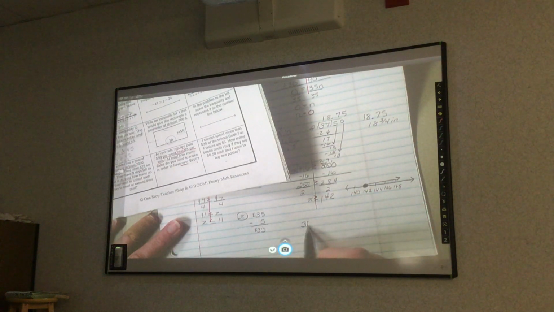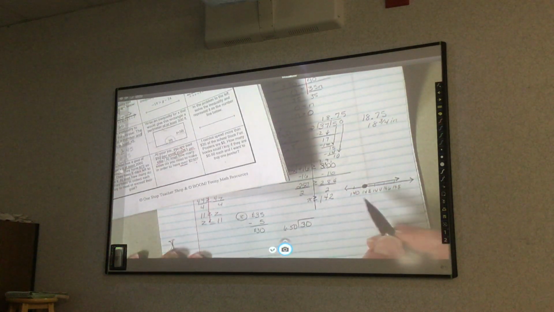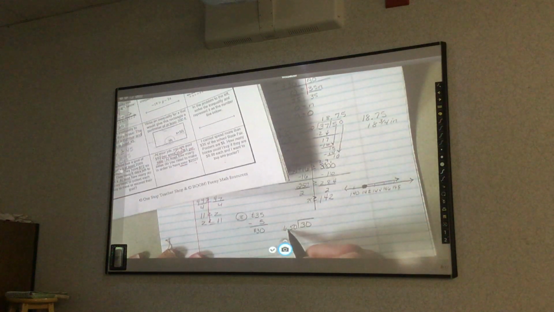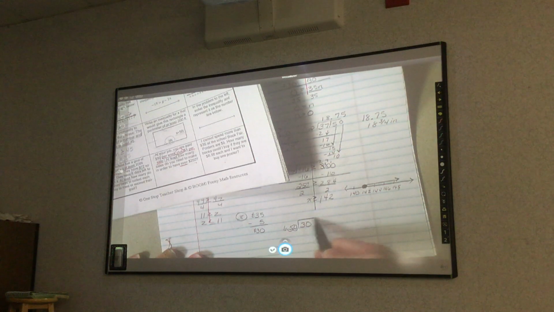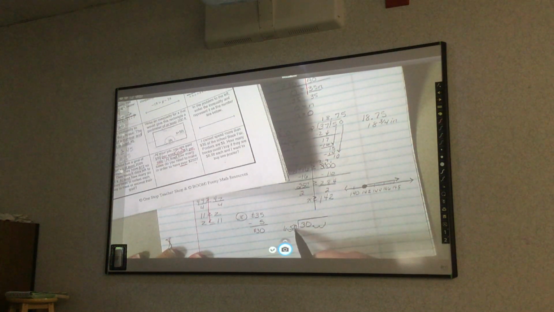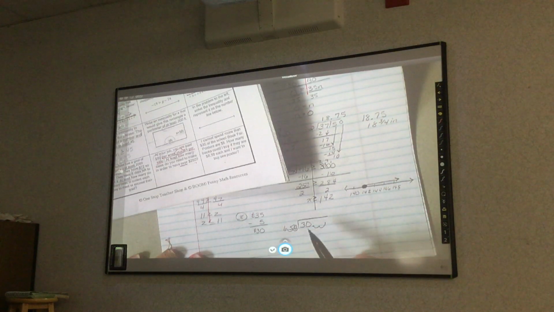What do I take? I take 30 and I divide it by what? $6.50, because that's how much it costs for a book. So I'm going to move my decimal 2 places to the right. Did any of you just get rid of that 0? Yeah. That's what I would do.